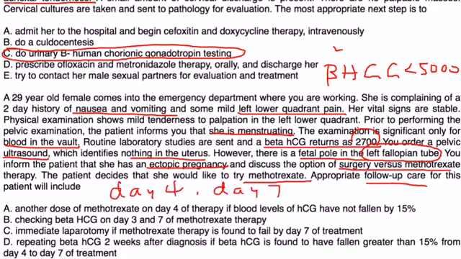You have to measure the beta-HCG level, and if the beta-HCG level drops by greater than 15%, then you know that the treatment is working. So, which one of those would that be? Right here. Repeating beta-HCG 2 weeks after diagnosis. If beta-HCG is found to have fallen greater than 15% from day 4 to day 7 of treatment.